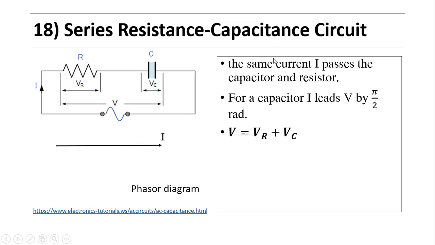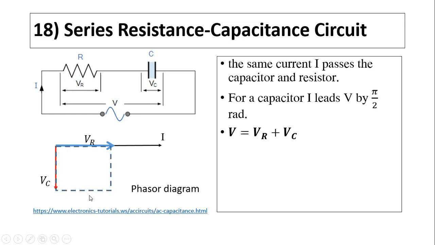Okay, but there's a difference. First, same current, we can use current as our reference line. Then we can draw our VR. Remember we are looking at peak value. VR. And we are told that I leads V. So your capacitor will be here, VC.